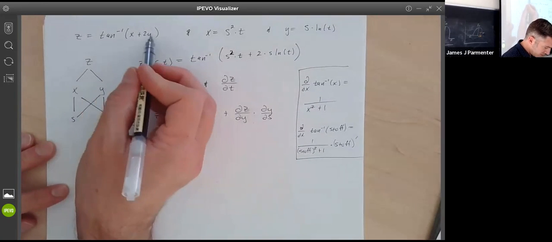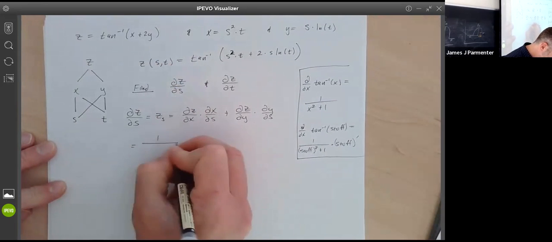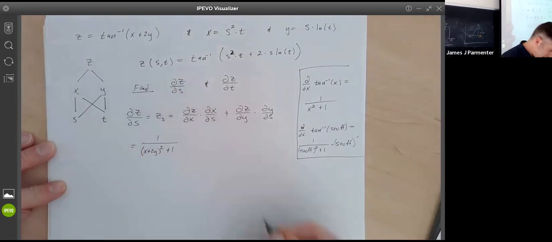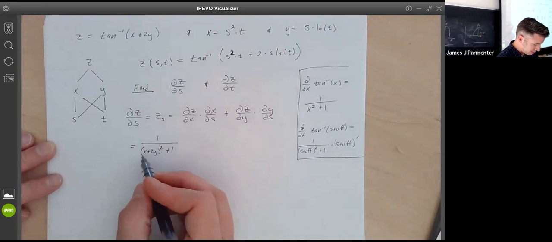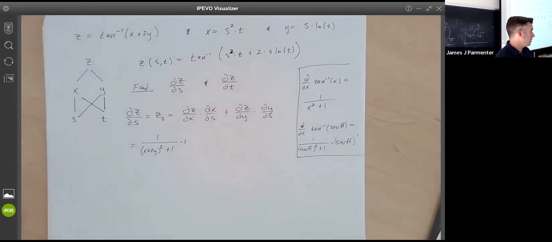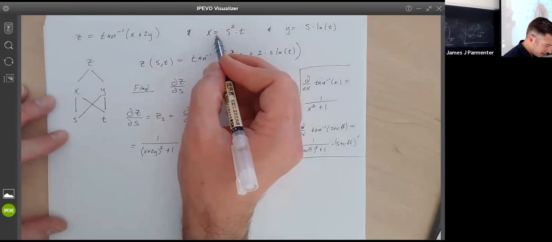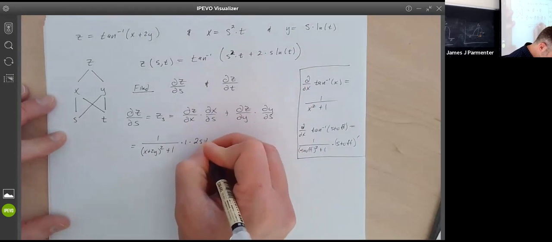So the derivative of the inverse tangent of some stuff is going to be 1 over the stuff squared plus 1 times the derivative of that stuff. But the derivative of x plus 2y is just 1 because it's the derivative with respect to x. Times del x del s. X is equal to s squared t, so del x del s is going to be 2st.